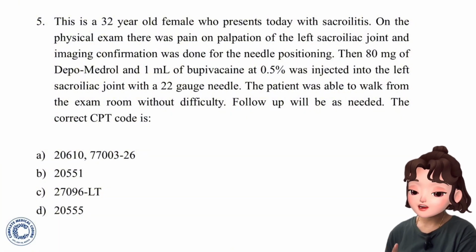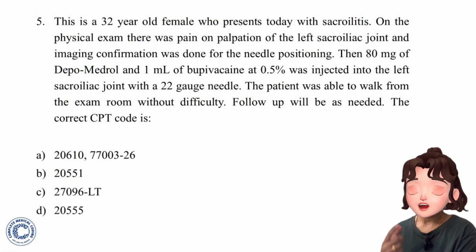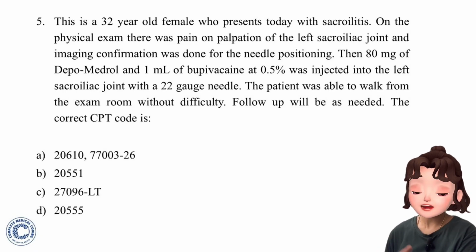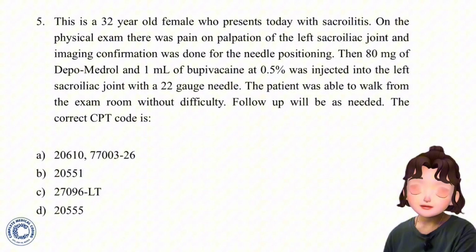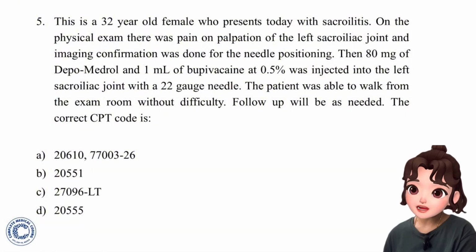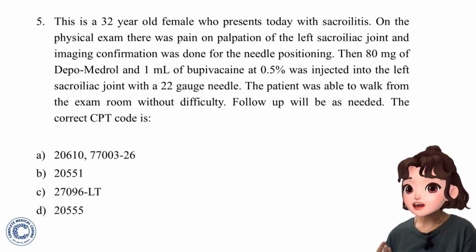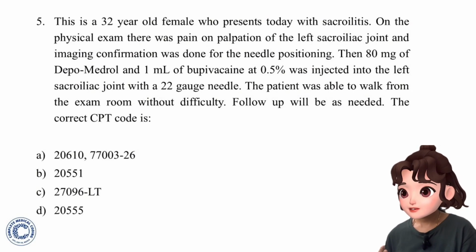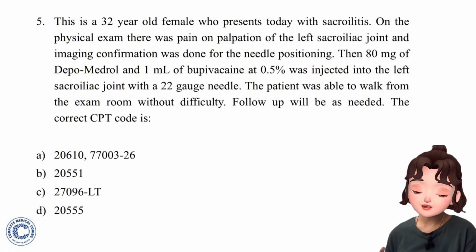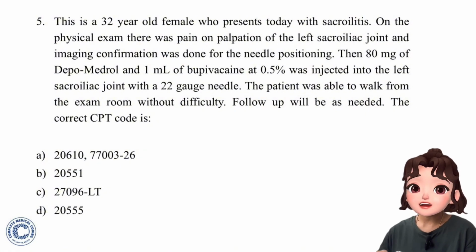Okay, so injection procedure for sacroiliac joint. It could be anesthetic or steroid, whatever it is, and with image guidance. So imaging guidance could be fluoroscopy or CT, whatever it is. In the question, you might get only imaging confirmation mentioned, or sometimes a CT scan was done.